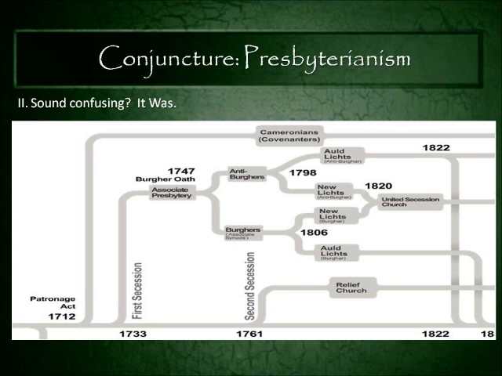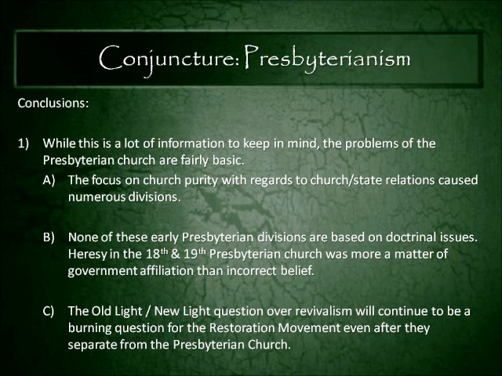Well, this is going to become highly frustrating for several people, and we'll discuss that in the next module, but let it suffice to say that our next main personality we're going to look at, Thomas Campbell, is going to find himself initially affiliated with the Old Light, Anti-Burgher, Seceder Presbyterians. So, while this may seem like a lot of information to keep in mind, let me try to boil that down, because at its base, the problems with the Presbyterian Church are actually very basic.